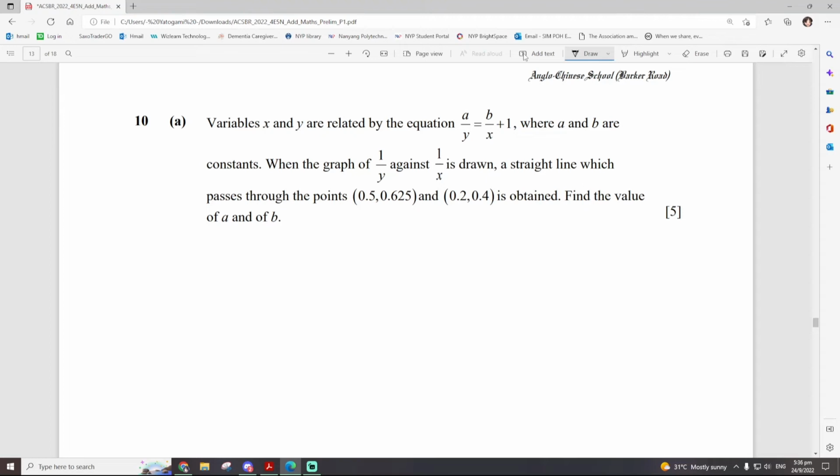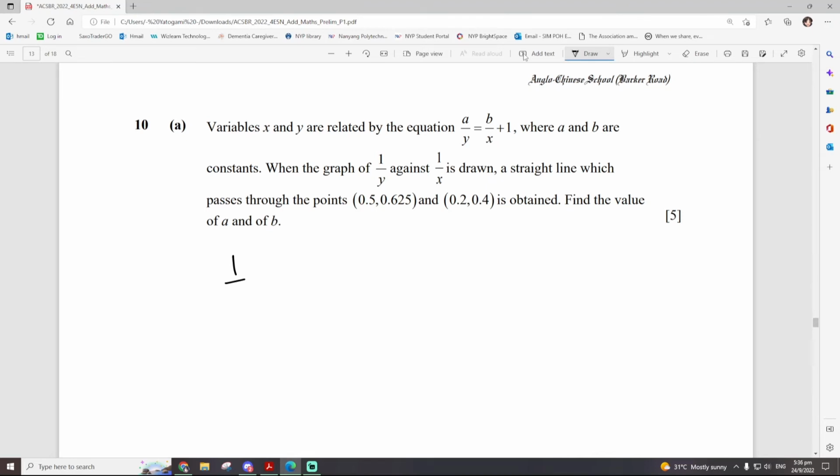Let's try to understand what's actually happening. We can write the equation by dividing throughout by a. This will give us 1 over y equals b over a times 1 over x plus 1 over a. So this is the y equals mx plus c form.